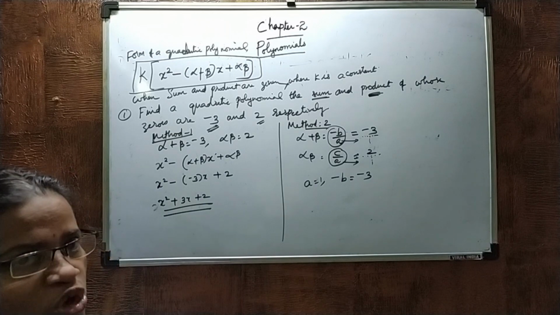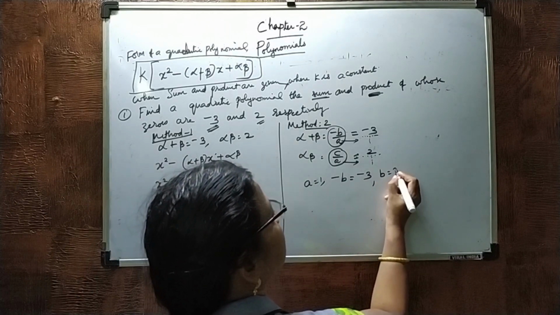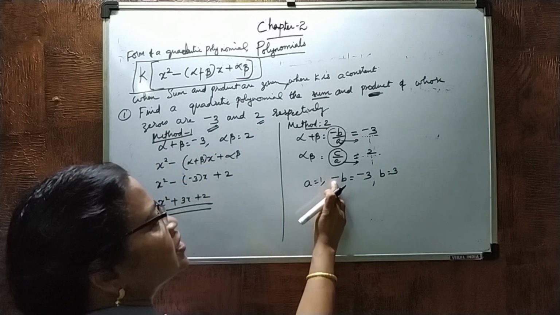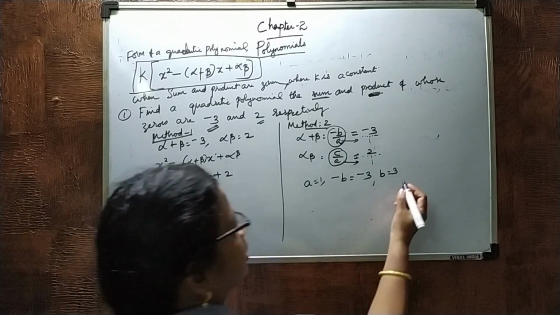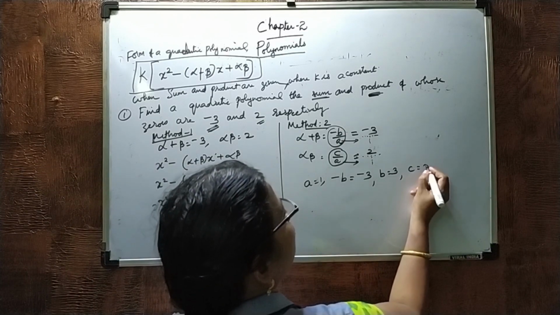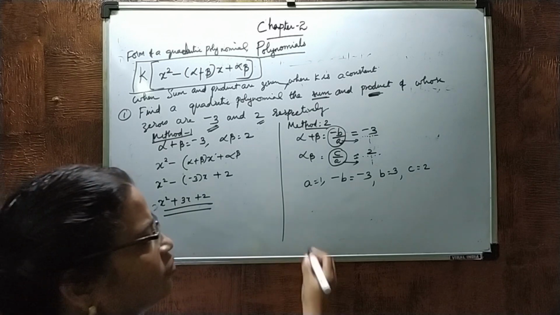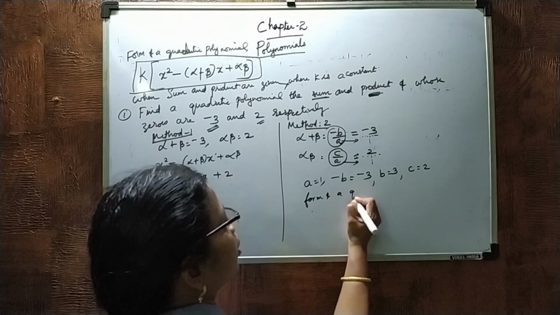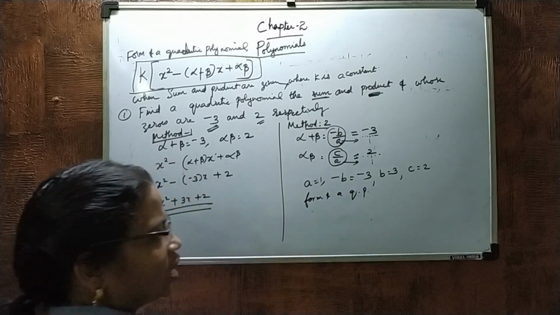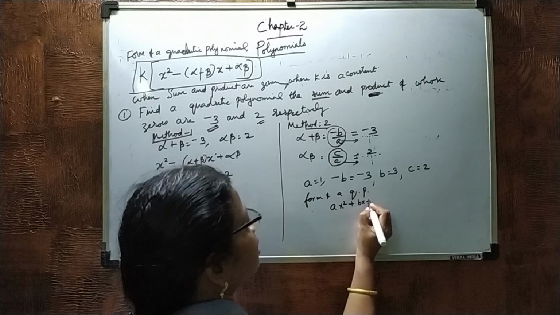Then next, negative b is equal to -3. We don't want negative b, only b. So b equals 3. If we change the sign here, we have to change it there also. So b equals 3. Then c equals 2. Then the form of a quadratic polynomial is ax square plus bx plus c.